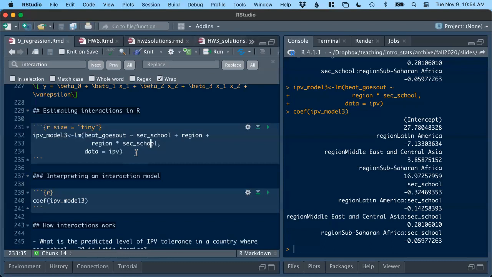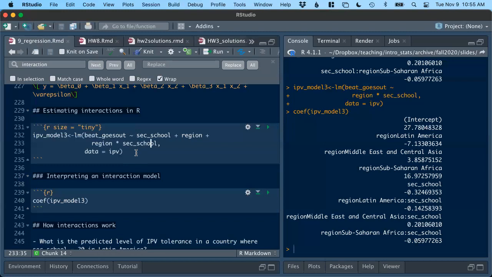Effectively, what we're doing is we're now saying that the slope for each region differs. So in order to obtain the slope for Latin America of secondary school, I would add negative 0.32 and negative 0.14. In order to obtain the slope for Central Asia, I would add negative 0.32 and plus 0.2. In practice, what this means is the slope for Asia is negative 0.32.